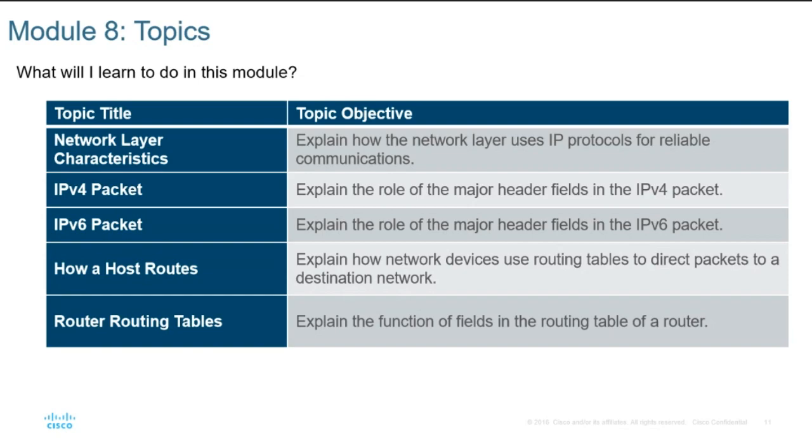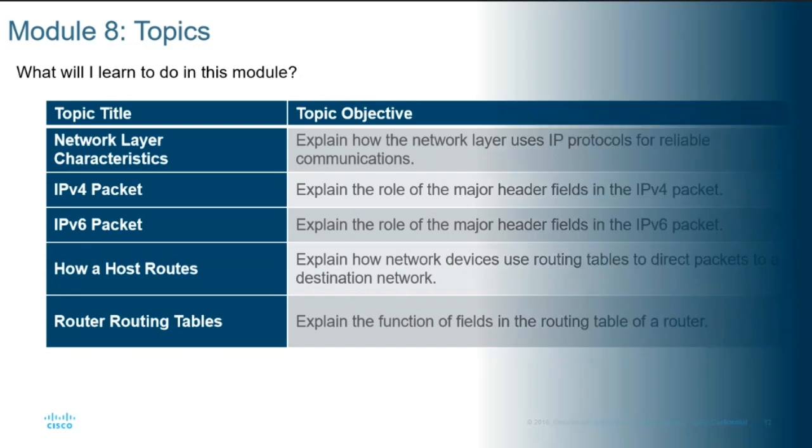And then how host routes, explain how network devices use routing tables to direct packets to a destination network. And also the router routing tables. Explain the function of fields in the routing table of a router. So sa router device tayo ngayon.